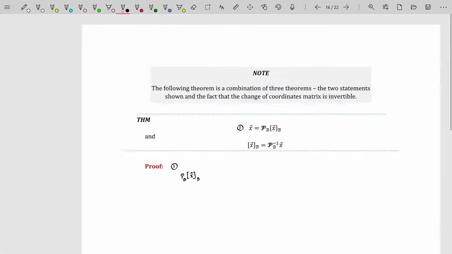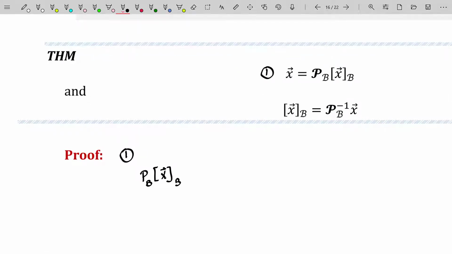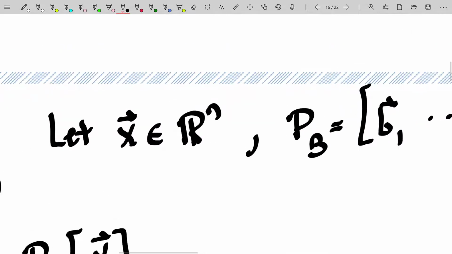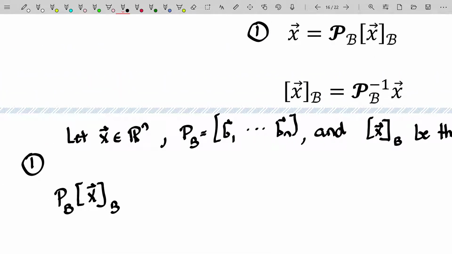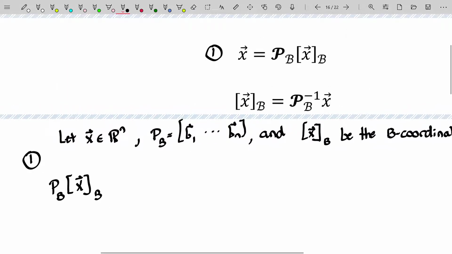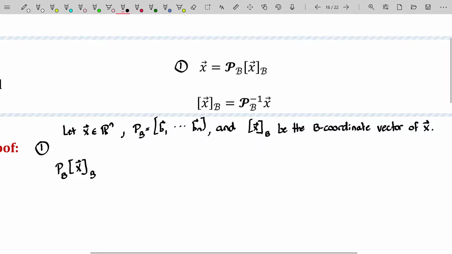And I should mention before I even begin where these vectors come from. So let x be from Rn, P sub b be a matrix full of the basis vectors for our vector space Rn, and let x sub b be the b coordinate vector of x.